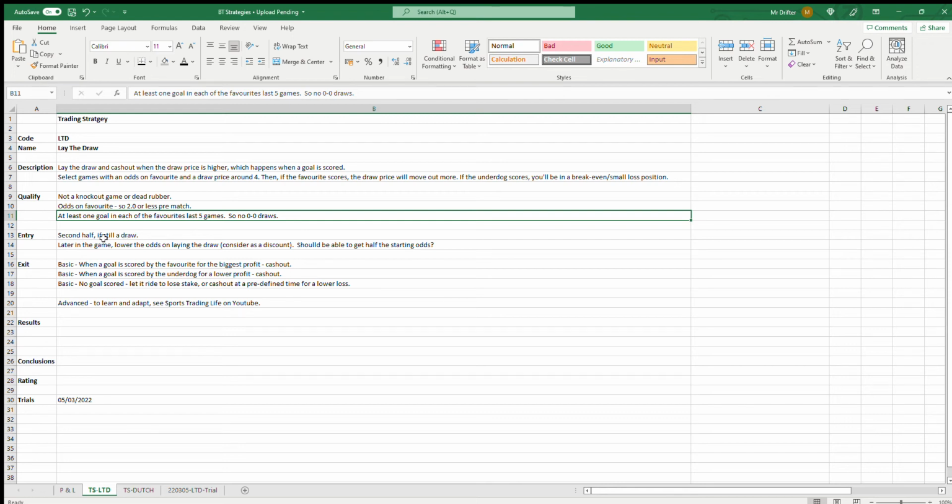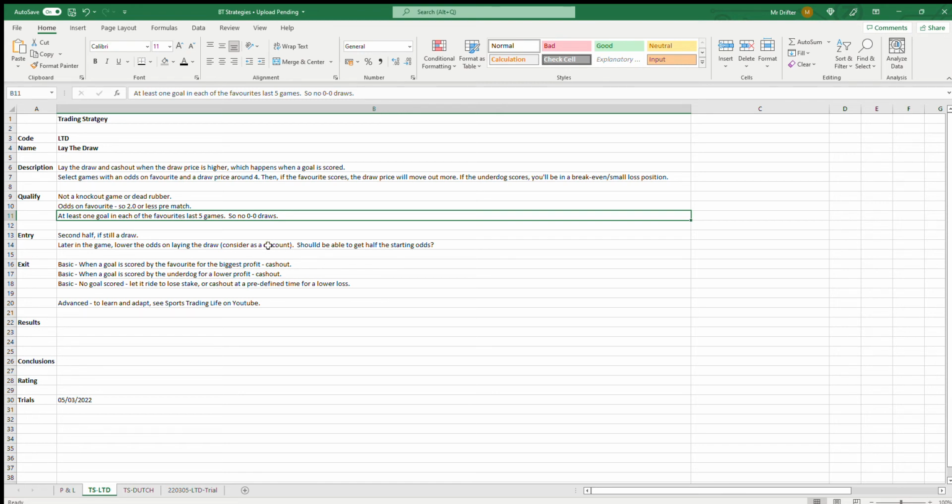But at that point I'd look at things like, has there been any chances or any shots on target and shots off target. You just use apps or online stats for that. Because the reason for doing that is the later it gets in the game, the lower the odds on laying the draw, and you can consider that as a discount.